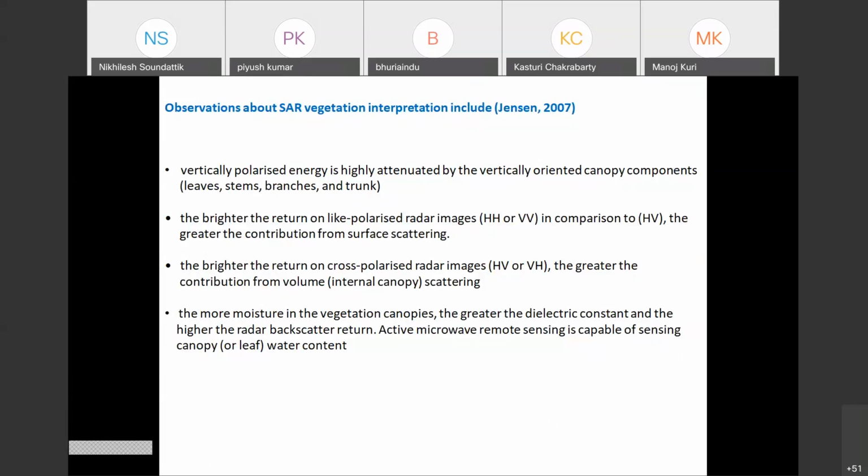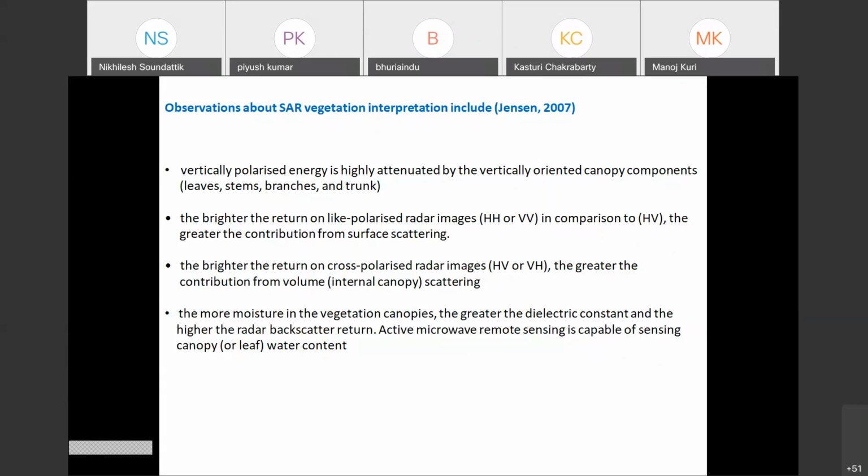The brighter the return in like polarization, HH or VV, in comparison to HV, the greater the contribution from surface scattering. The brighter the return from cross-polarized, the greater the contribution from volume scattering. We call it internal canopy scattering.